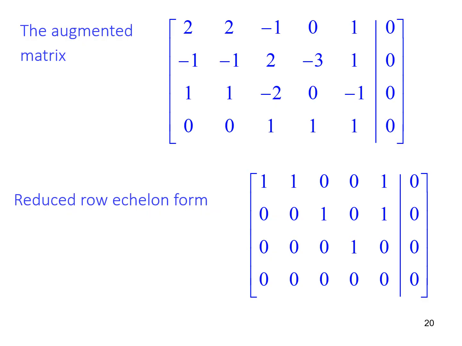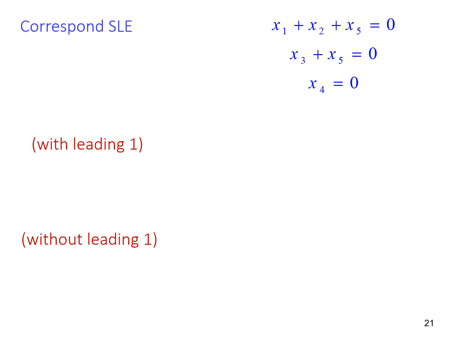From this form, we can see that x1, x3 and x4 are variables that have a leading 1, but x2 and x5 do not have a leading 1. From here we get the corresponding system of linear equations from the previous augmented matrix.